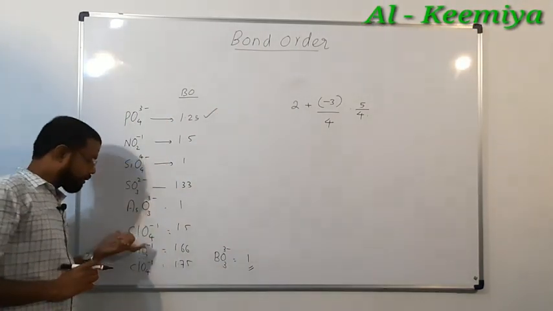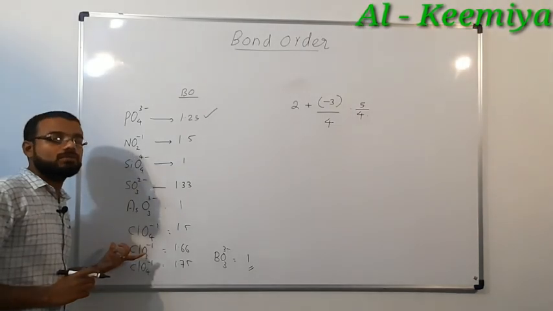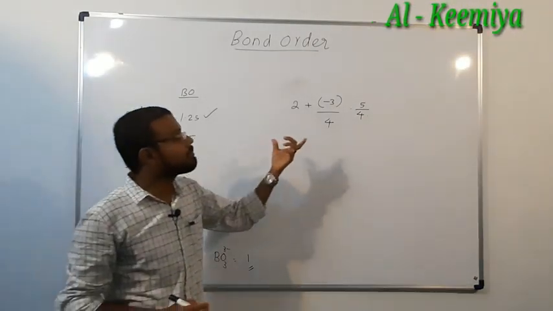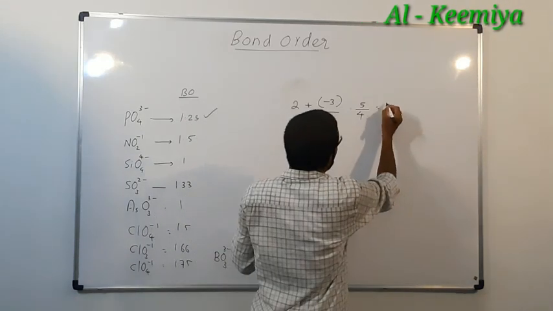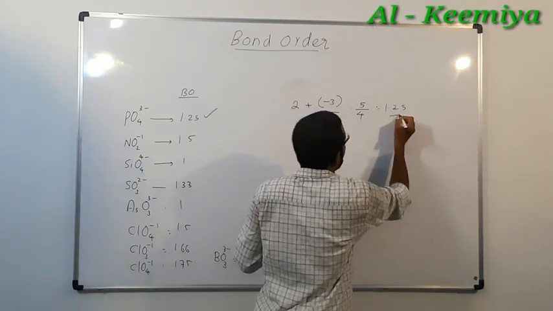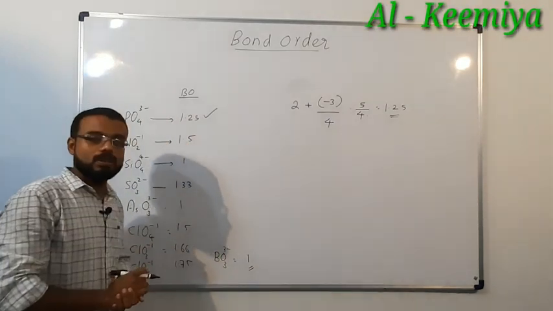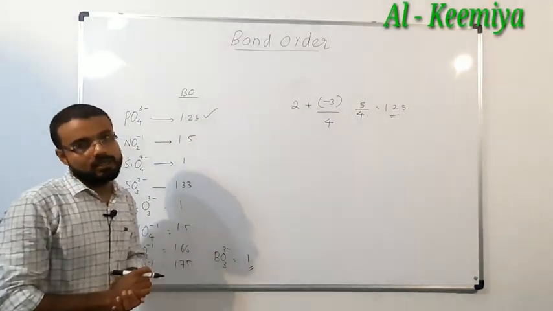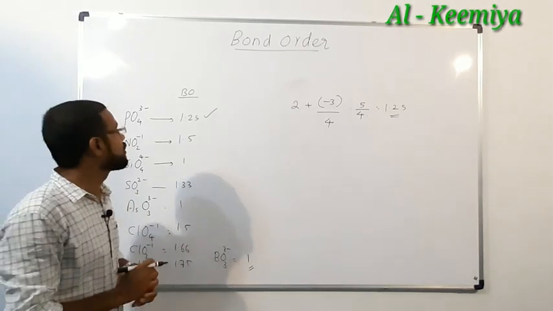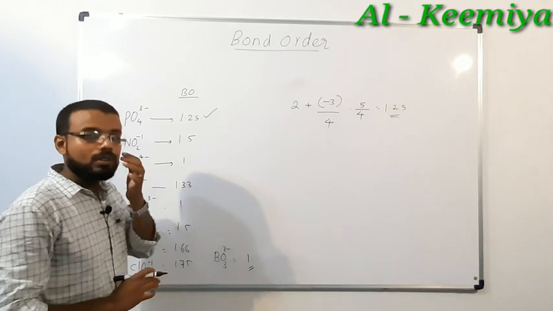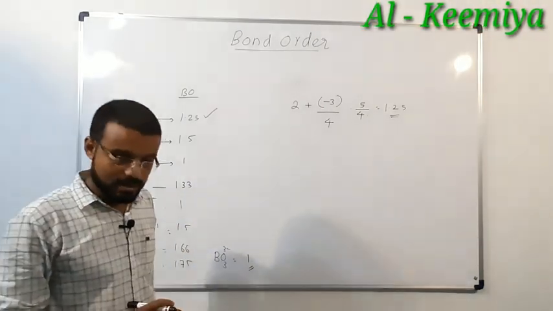Similarly, if you find out the bond order of all this type of oxygen based acid radicals, we can find out the bond order very easily. So this is the trick to find out the bond order of polyatomic resonating molecules like these oxygen based acid radicals.